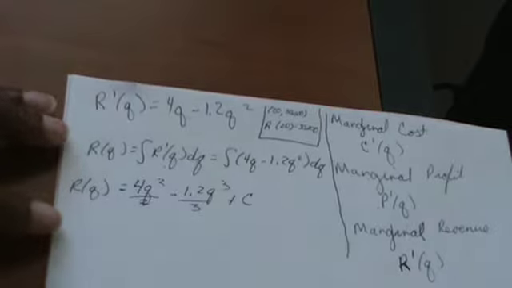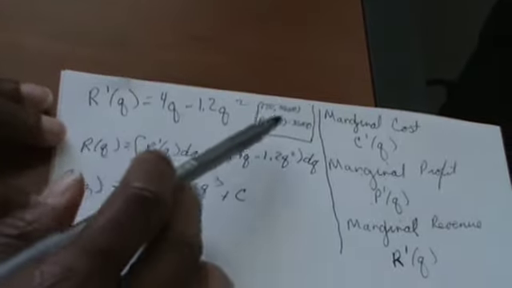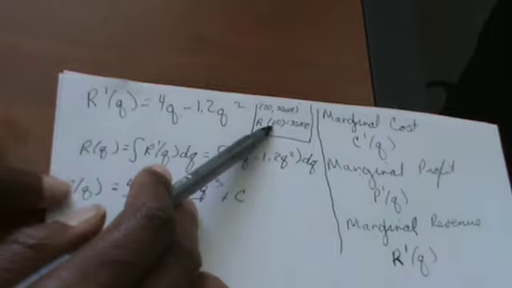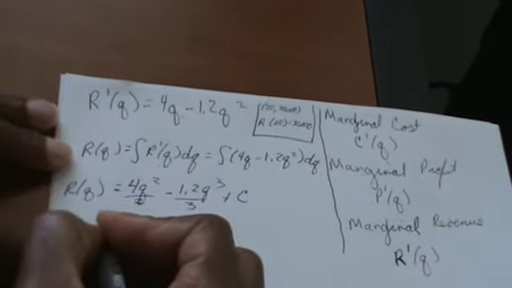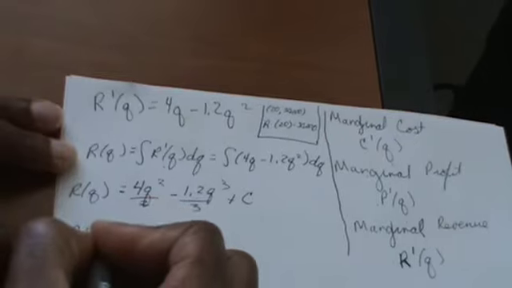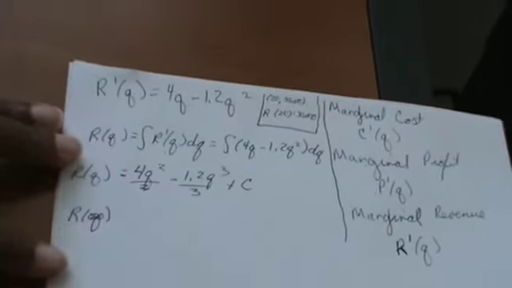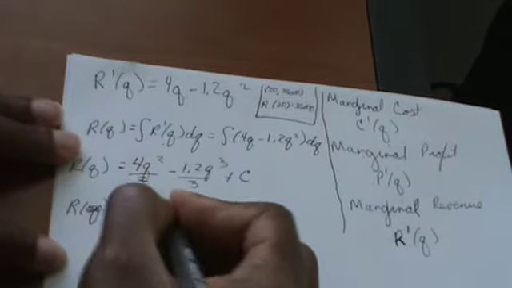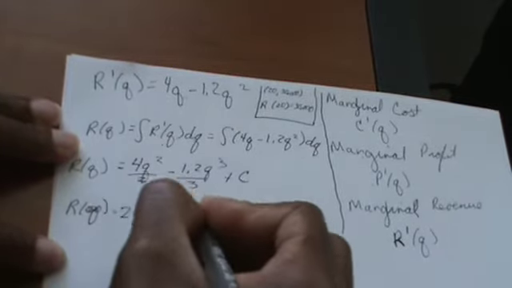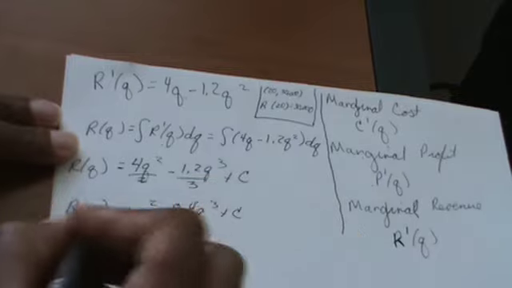But wait a minute, it can't be absolutely anything because we have a single point on R. Actually, let me simplify this first. I'm going to put down R of Q first. So this is 2Q squared minus 0.4Q cubed plus C.